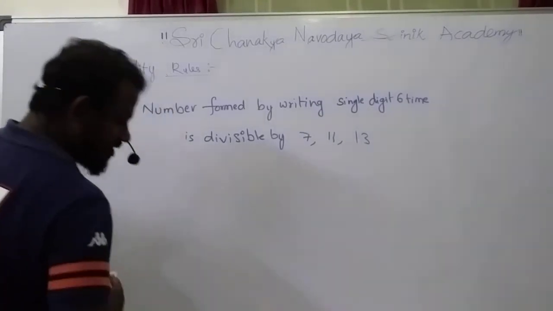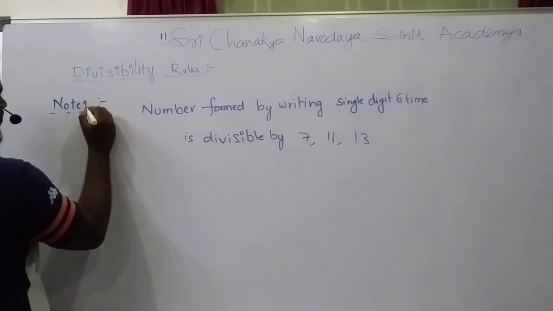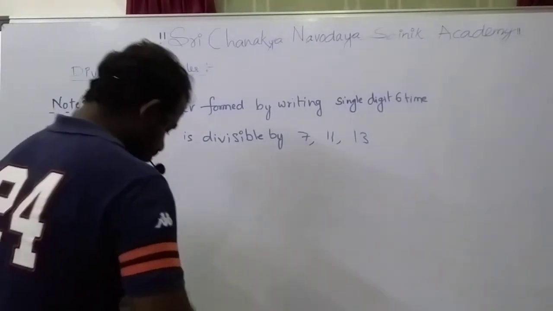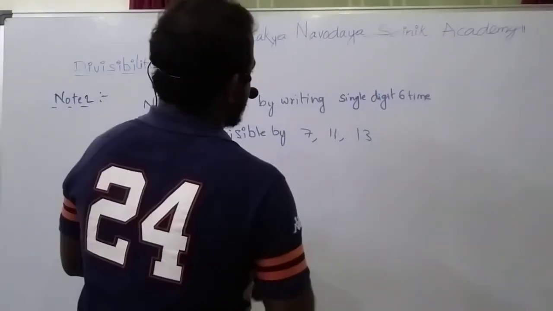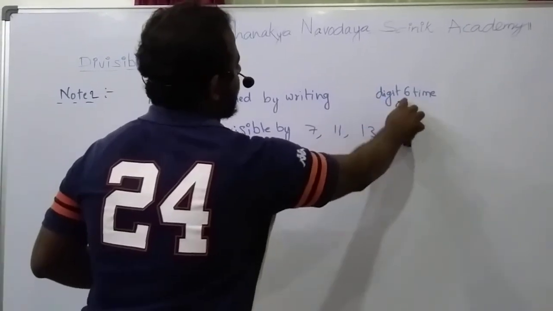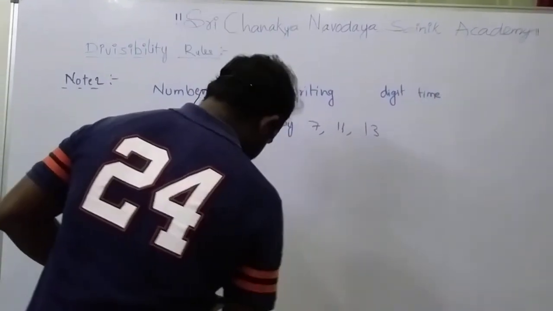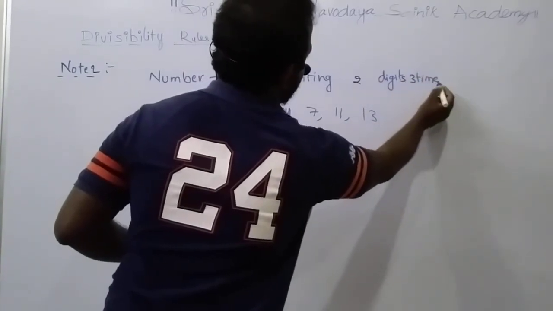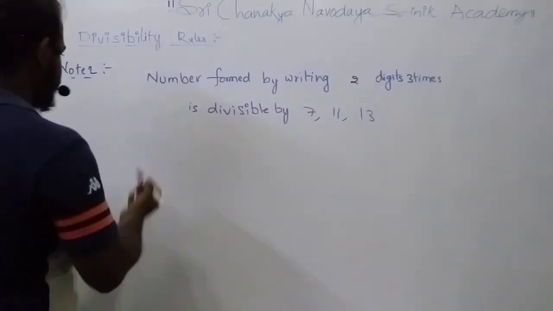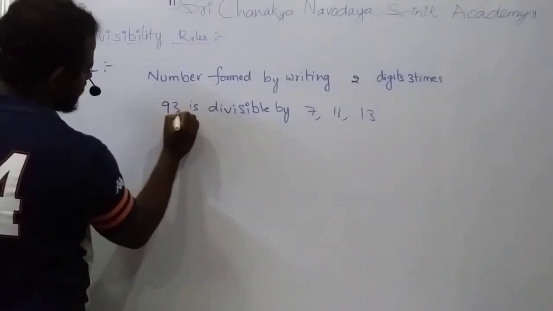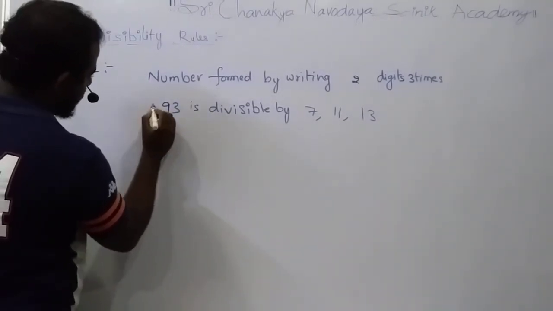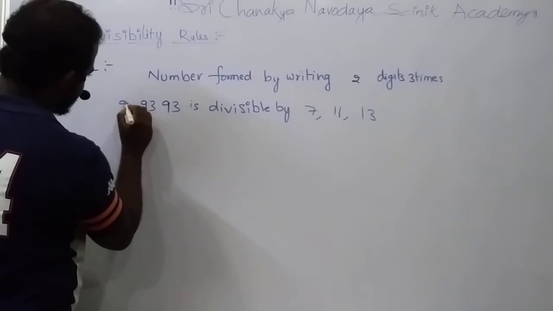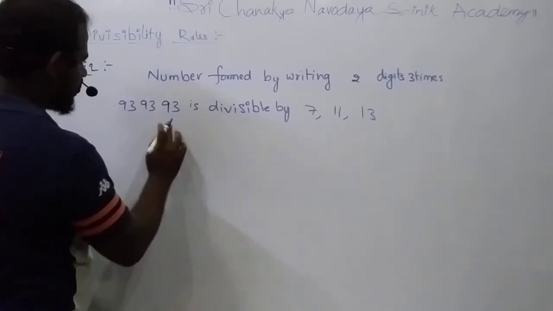And the second important note is about a 2-digit number. If I write a 2-digit number 3 times, suppose I take 93, a 2-digit number. If I write this 93 three times, again I get a 6-digit number.